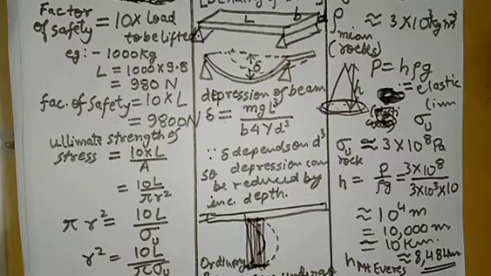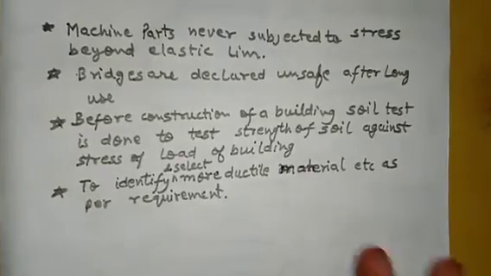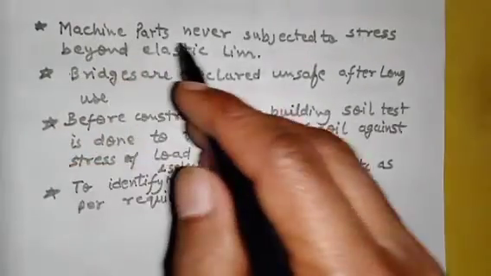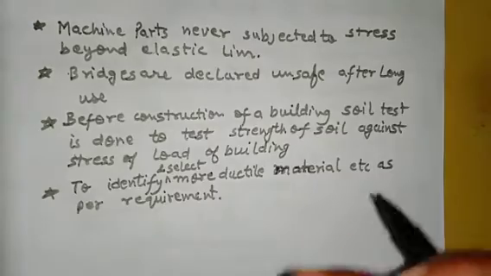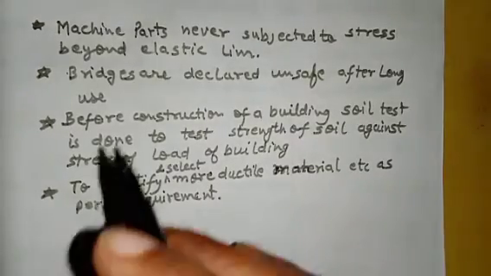If we talk about some other applications of elasticity, here are some other uses. Machine parts are never subjected to stress beyond the elastic limit, otherwise they will become plastic, and they can break anytime.